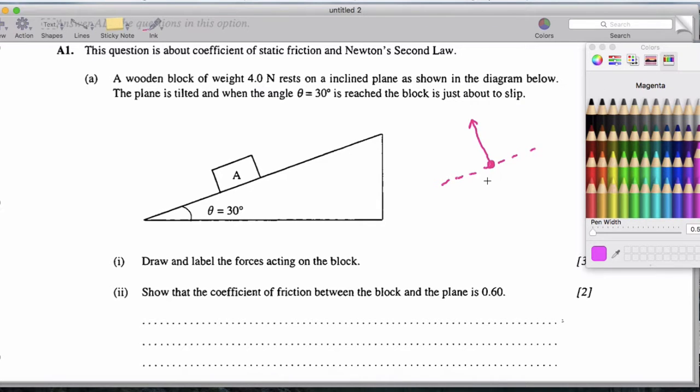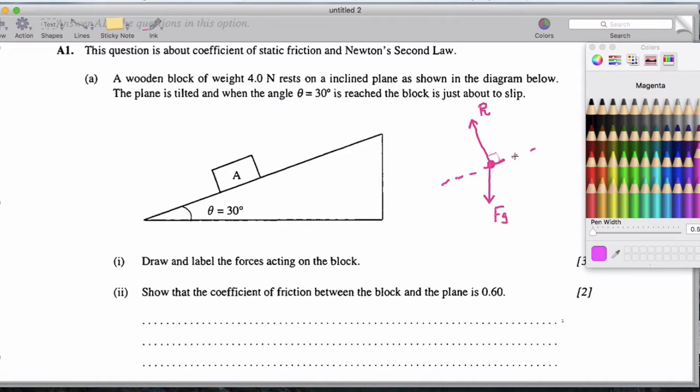So that's my normal force. That's the normal reaction force. Now, the gravity force, the weight, goes straight down. I want to be clear. This reaction force is perpendicular to the inclined plane. Now, there may or may not be a friction force, but I'm going to draw it.